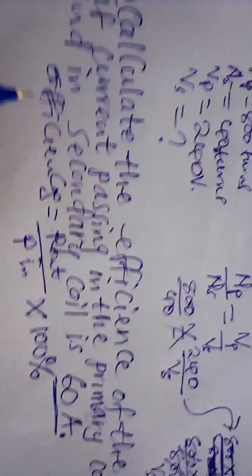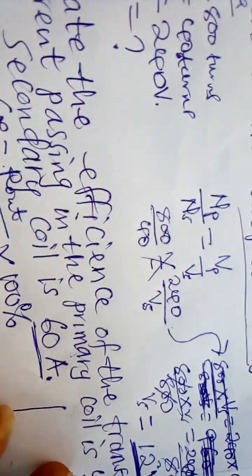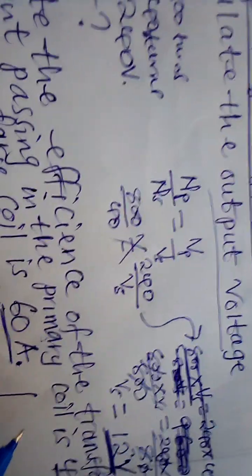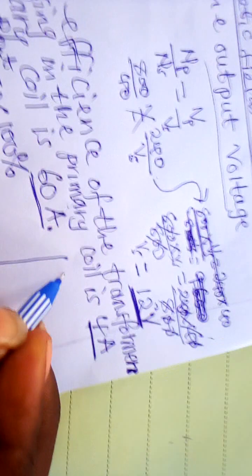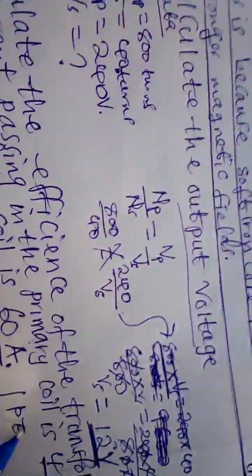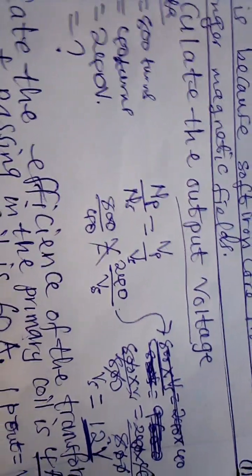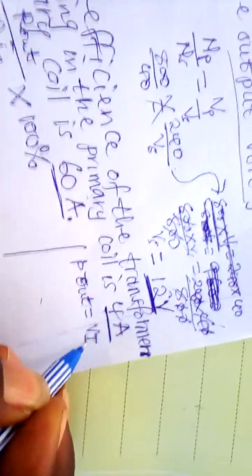Okay. So now efficiency is equals to. In this case, do you know the power output first? I think we don't know. So let's calculate for power output now. Power out is equals to VI. So power output is equals to voltage times current.